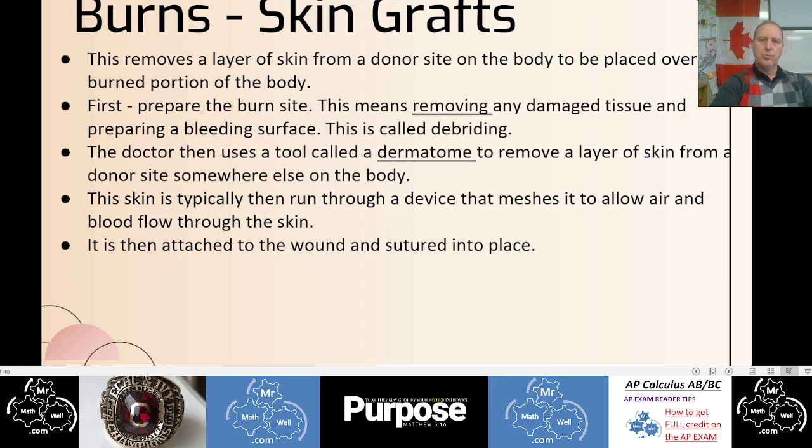It's attached to the wound and sutured into place. So sutures are stitches. So it's literally sewn on to you, and hopefully the body accepts your own skin and begins to nourish it, and it just acts like the rest of your skin.